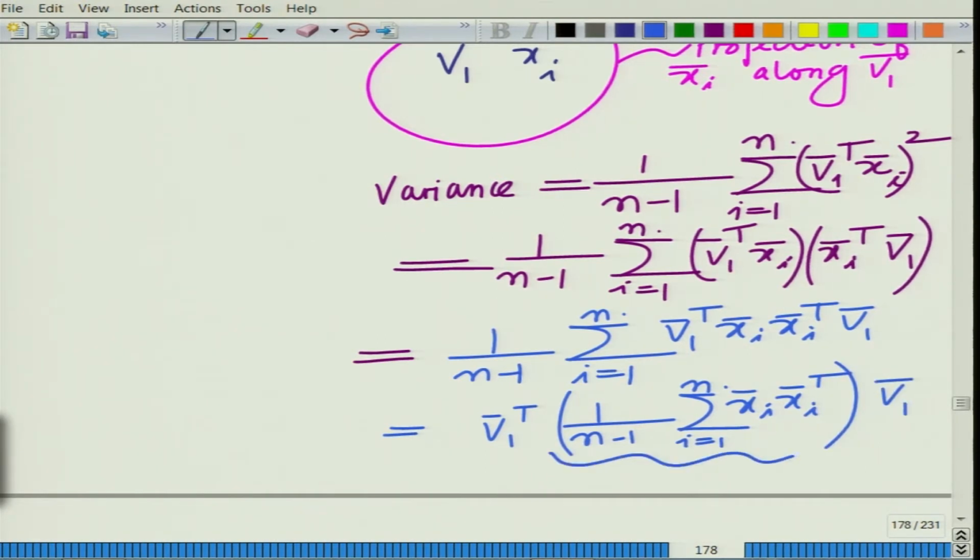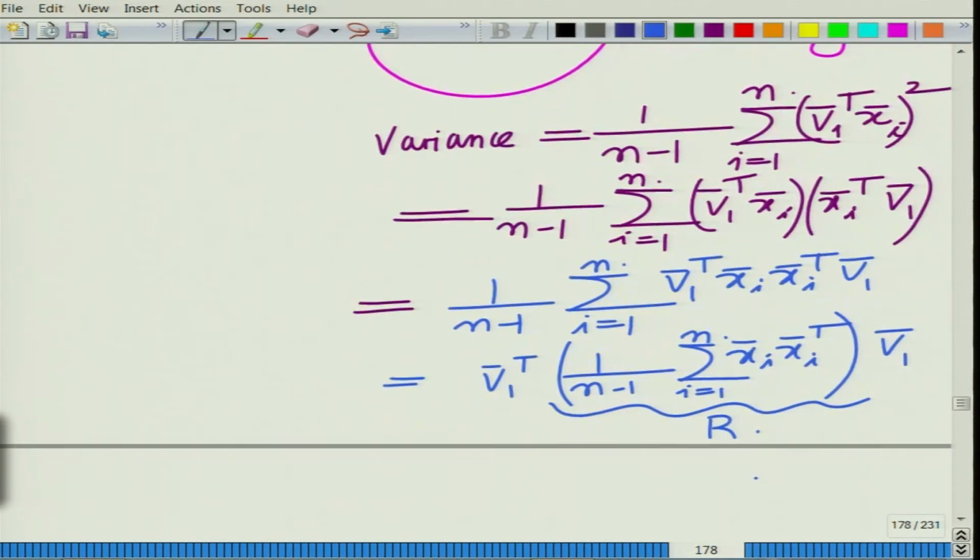And now if you look at this, this is nothing but the covariance matrix, right?